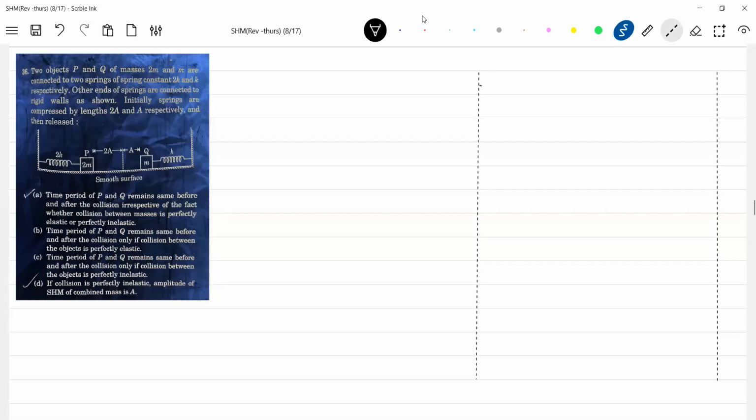This is and the mean position is somewhere here. Okay, this is compressed by 2a. This is compressed by a. They will arrive at mean position.